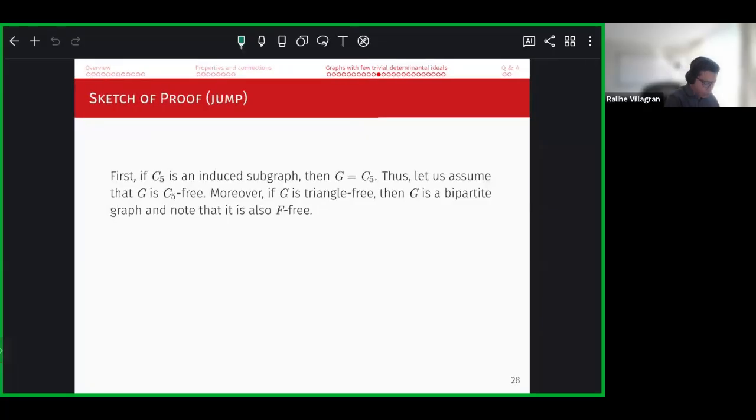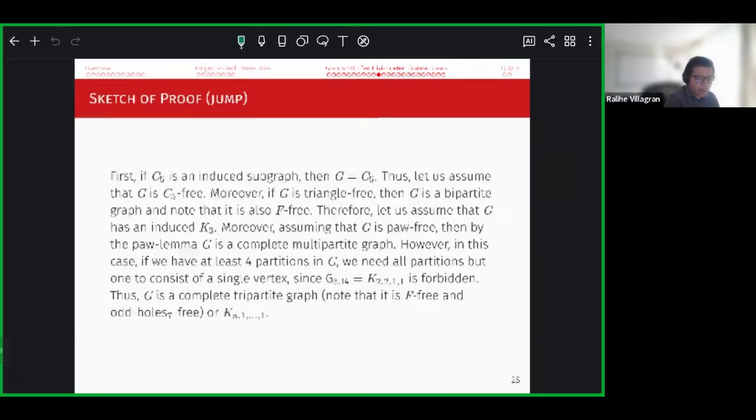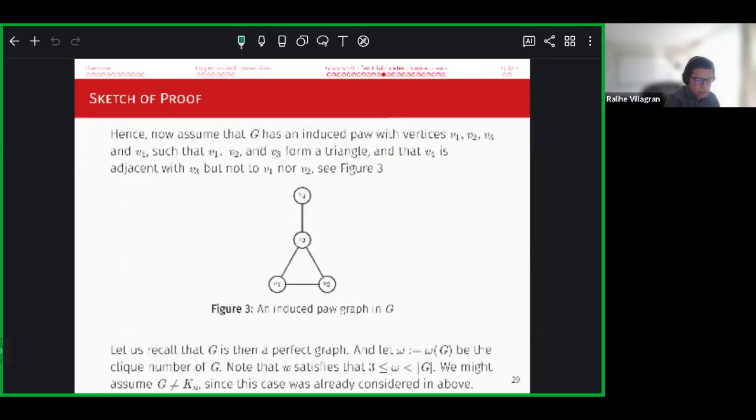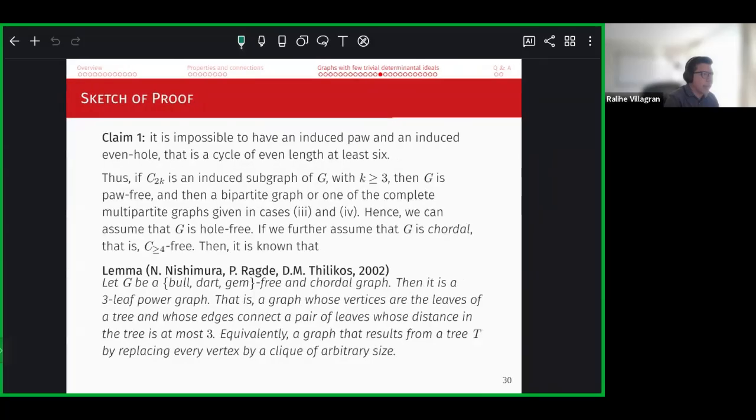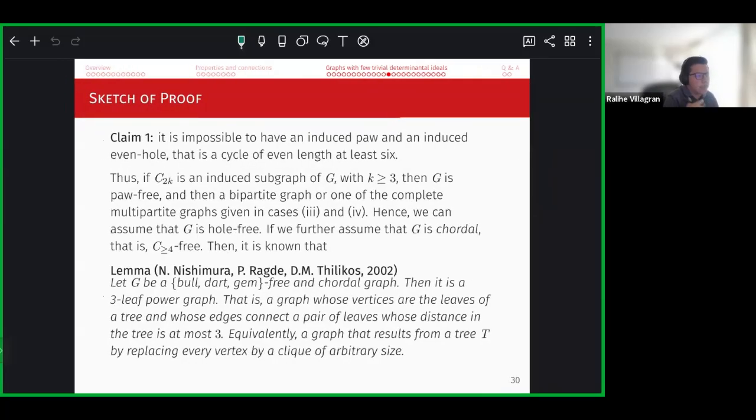So let me jump the schedule to the proof because of time. The point is that we use another claim, more lemmas on characterization of graphs by forbidden induced subgraphs.